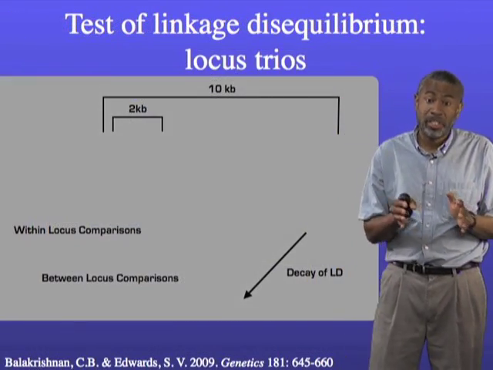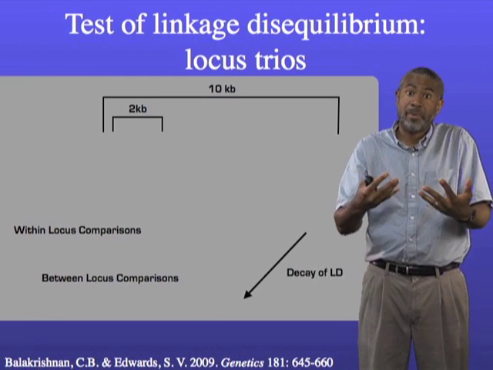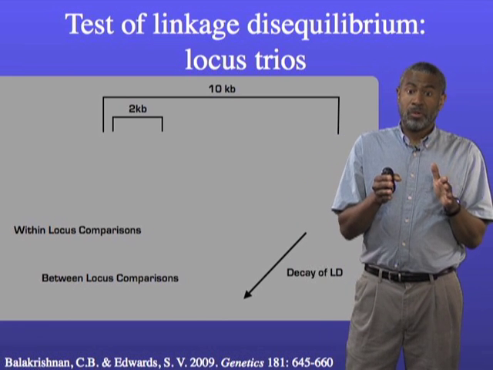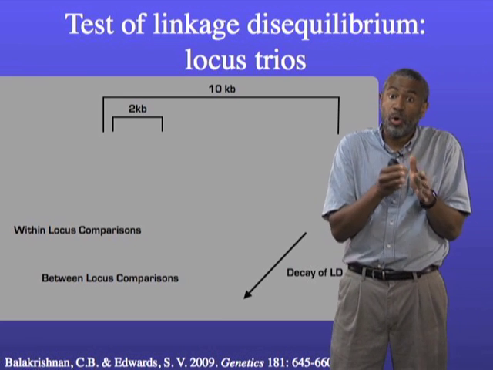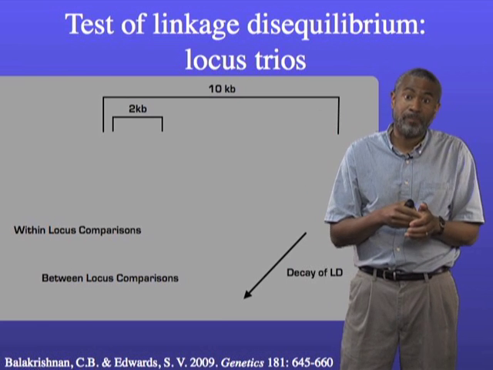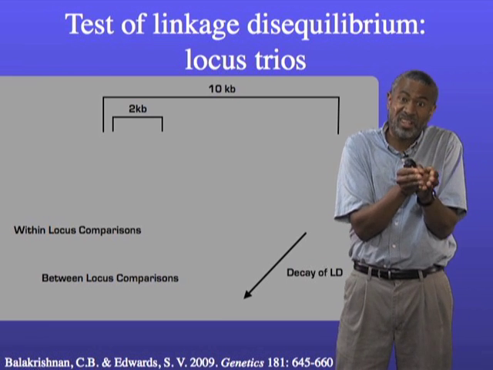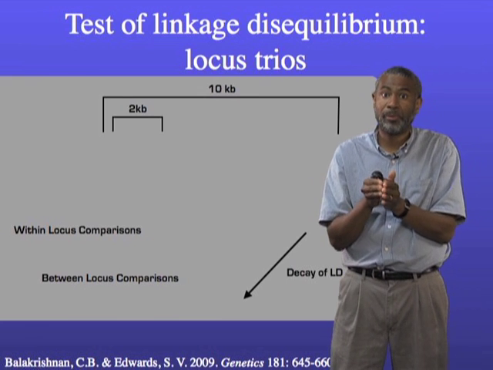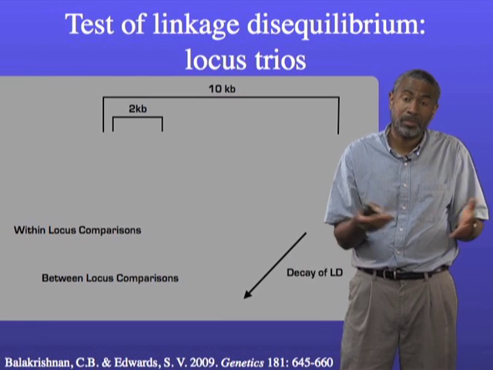Okay, in this last bit, we're going to use the physical distance between genes to actually provide information about the population history. So we're going to talk about a phenomenon called linkage disequilibrium, and that's essentially the correlation of patterns between different sites in the genome. Okay? So we can talk about disequilibrium between sites that are one base pair apart, very close together, or we can talk about disequilibrium between sites that are very far apart, maybe even on different chromosomes.